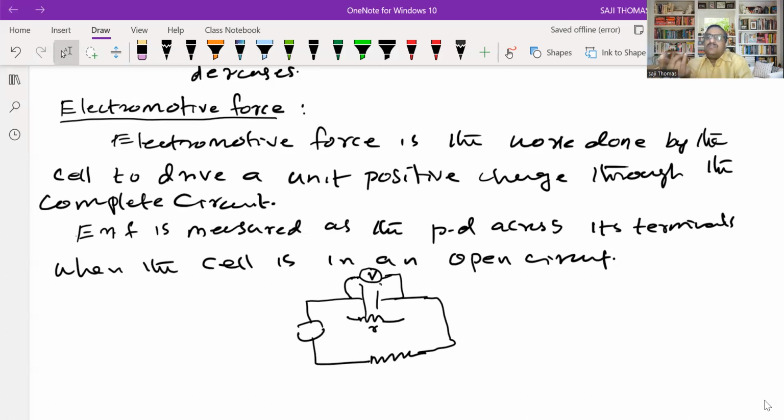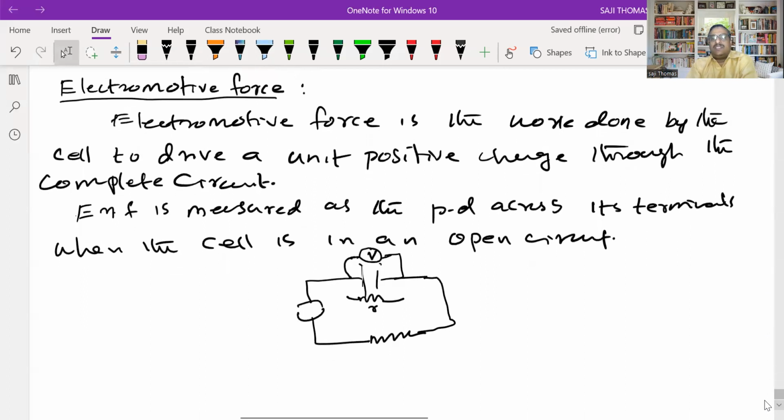That potential difference we call the terminal potential difference. So terminal potential difference is the potential difference across the cell when the cell is in a closed circuit.